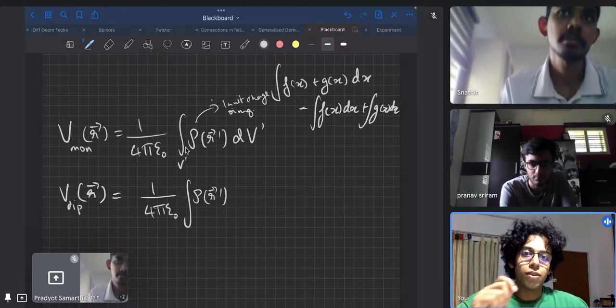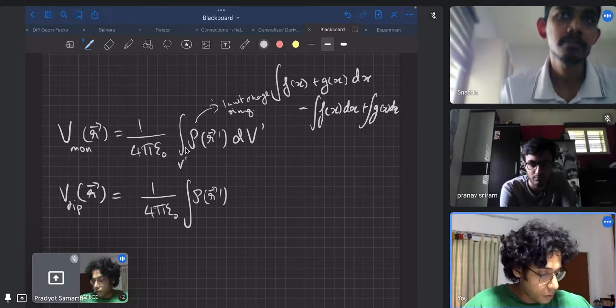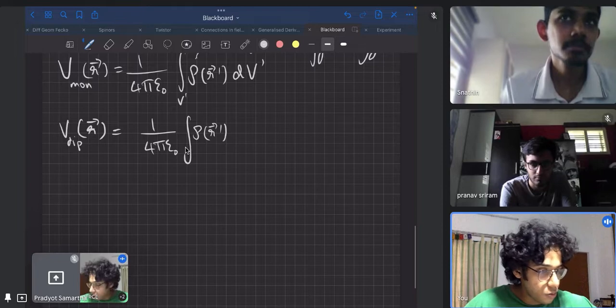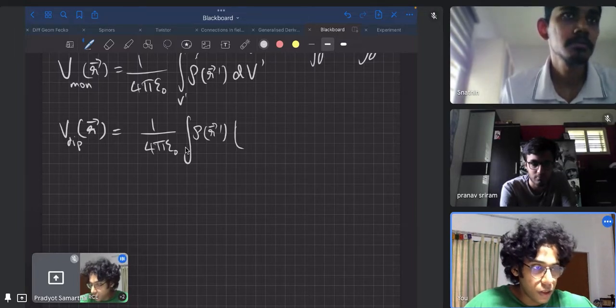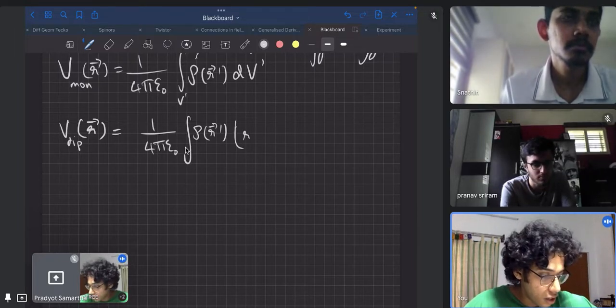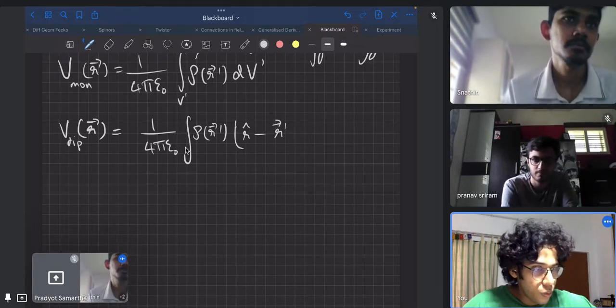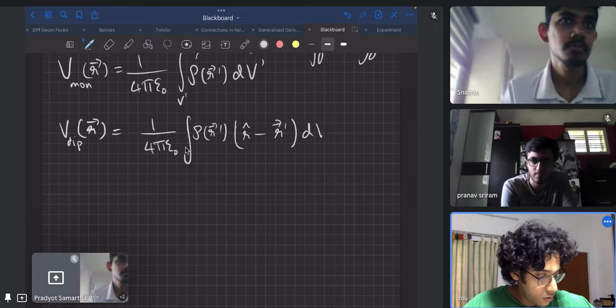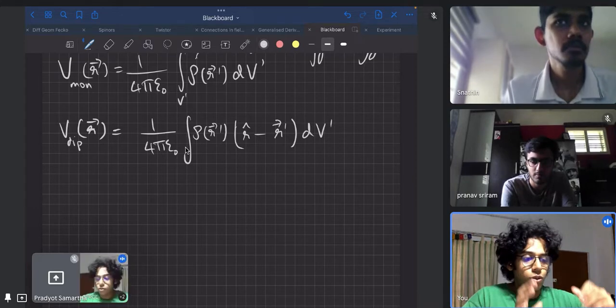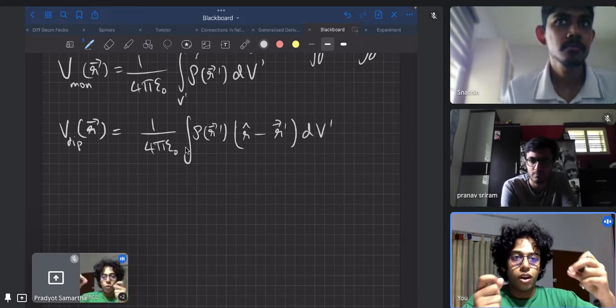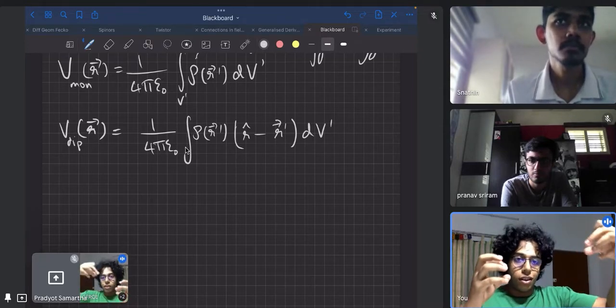In terms of the vector expansion, you can just write it down as R cap minus R prime. Okay, so you just have the difference, like two charges and the charge density across the two points.